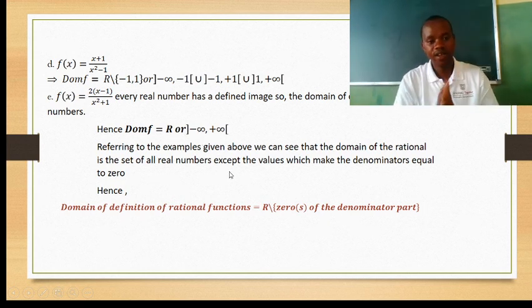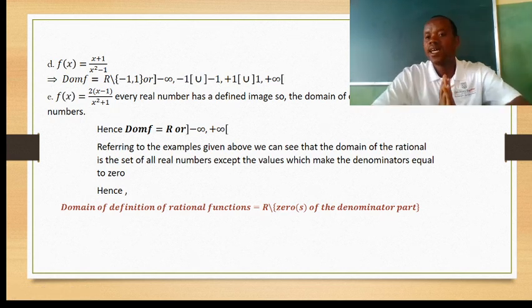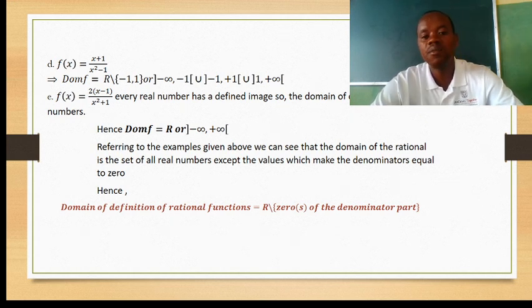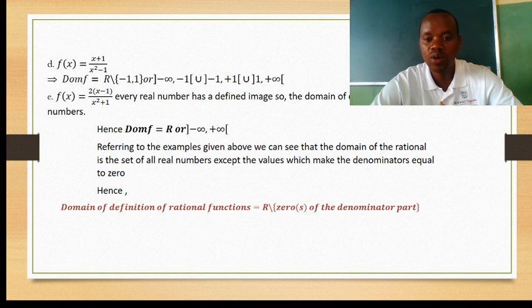Now, referring to the examples given above, what can you say about those examples? You can see that the domain of definition for rational functions is the set of all real numbers except the values which make the denominator equal to 0.